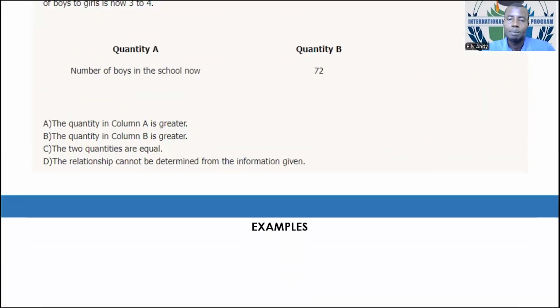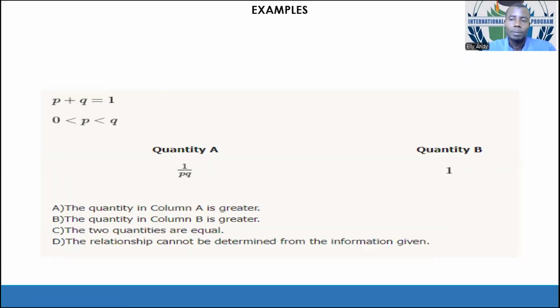Let's look at another example. Now we have P plus Q, 1, and then 0 less than P less than Q. This one you can also write as Q greater than P greater than 0. And this tells us that both P and Q are positive because anytime a number is greater than 0, the number is positive.